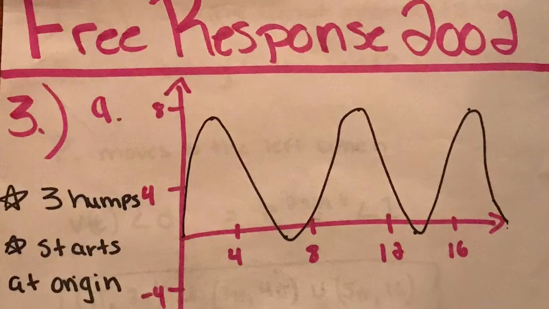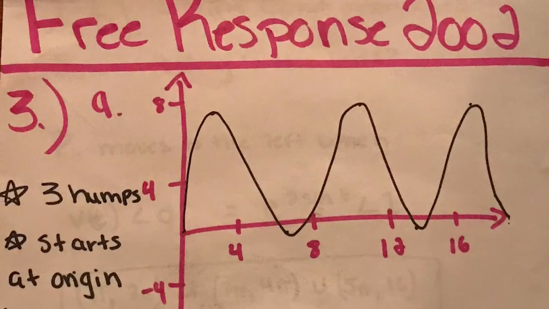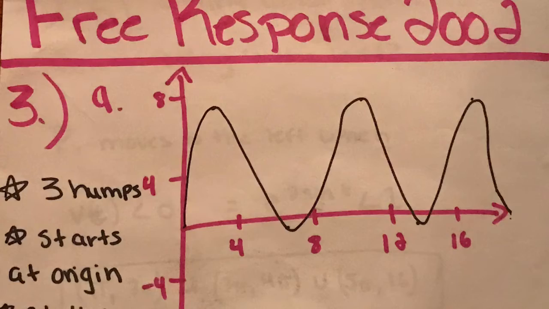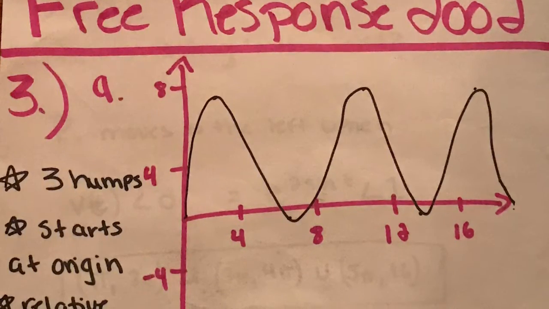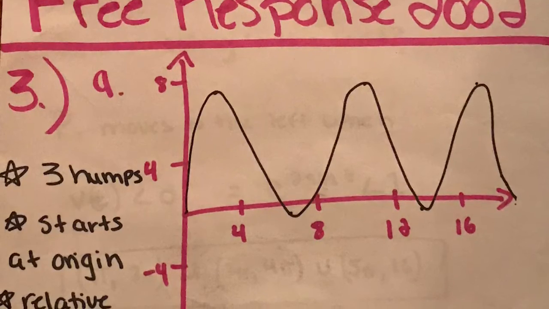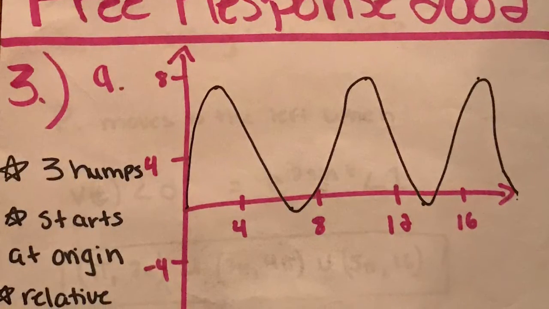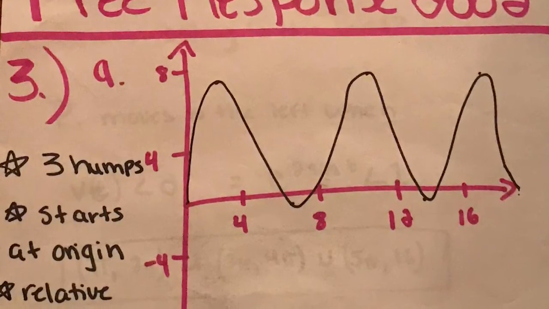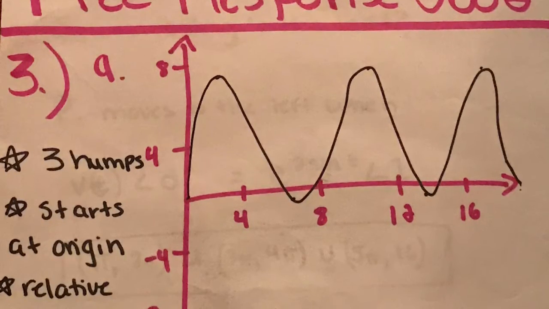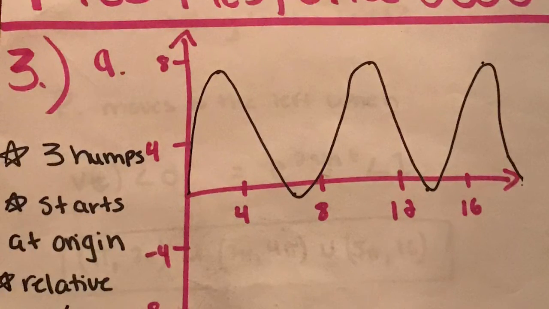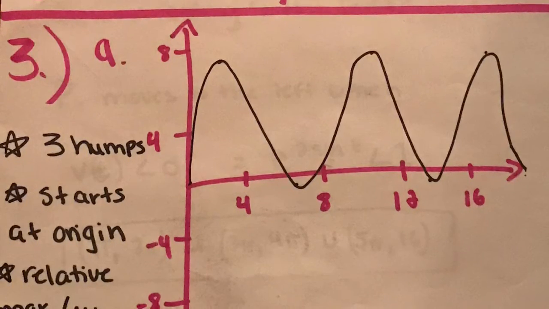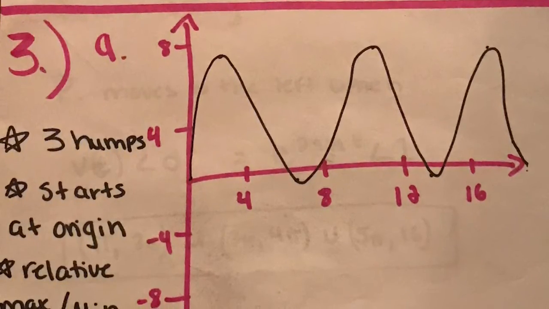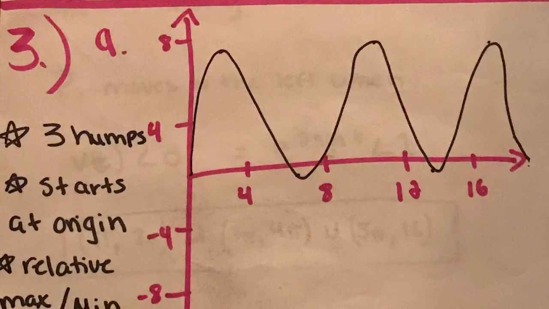Letter A, axes provided. Sketch the graph of v of t for 0 less than or equal to t less than or equal to 16. This would be a calculator question, and you would graph the function e to the power of 2 times sine t minus 1.